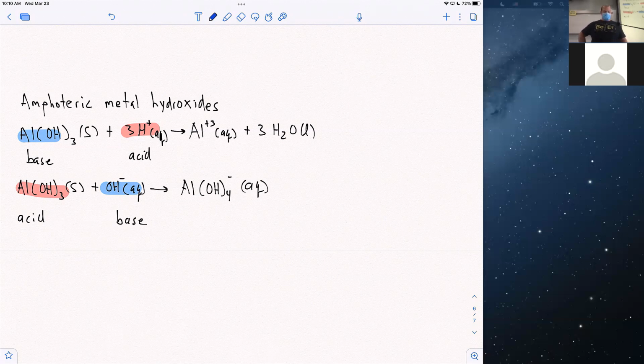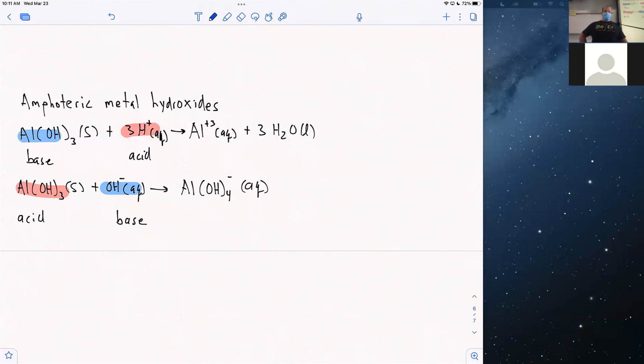And as I mentioned before, the most common amphoteric substances are water and amino acids. Amino acids are amphoteric depending on their environment, so they're not as versatile as water.